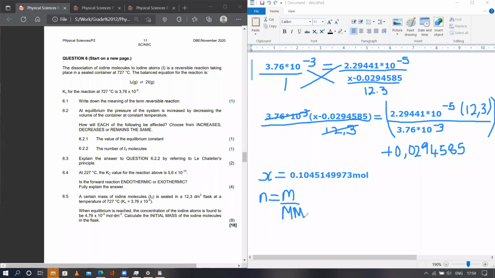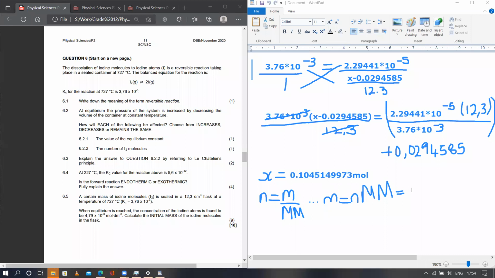Sometimes it's mw, sometimes it's just capital letter M. So when you're making mass the subject of the formula, your mass is gonna be equal to the number of moles times the molar mass. So we have the number of moles here as x, and we have to find our molar mass.